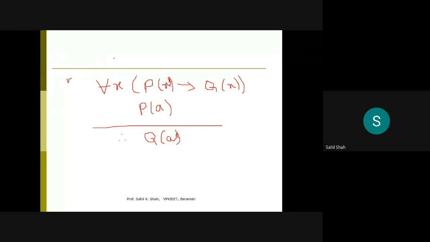Why does this have to be true? If the conclusion is false, then the conditional will be false. And if we know the first one is true, then the second one has to be true in order to have this entire conditional as true. So our result is Q of a is also true if P of a is true.